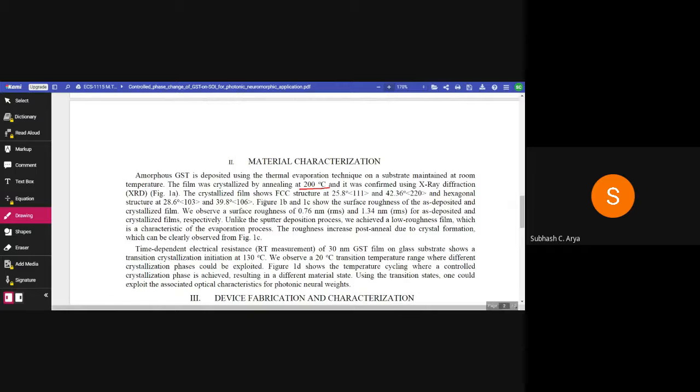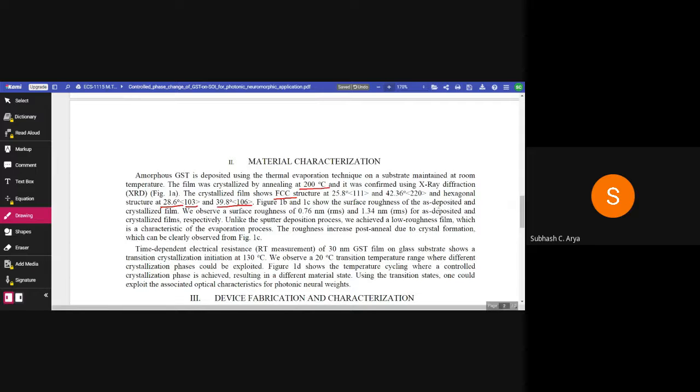The crystallized film shows face centered cubic structure at 25.8 degrees (111) and 42.36 degrees (220), and hexagonal structure at 28.6 (103) and 39.8 (106).